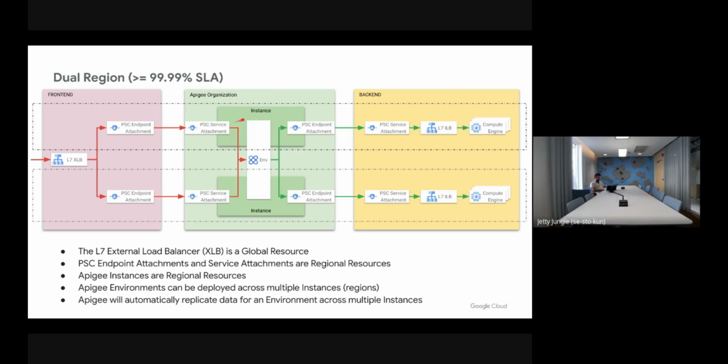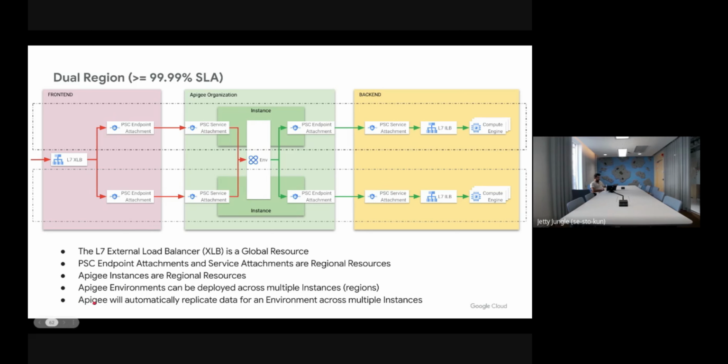In this case we had two instances, let's say one in Europe, one in US, so we created two Private Service Connects. But you can see the environment is still one. So maybe it's a production environment, one org, two instances, and a similar architecture for the backend as well. I have a Private Service Connect to the backend project here, and a Private Service Connect to the backend project in another region as well.